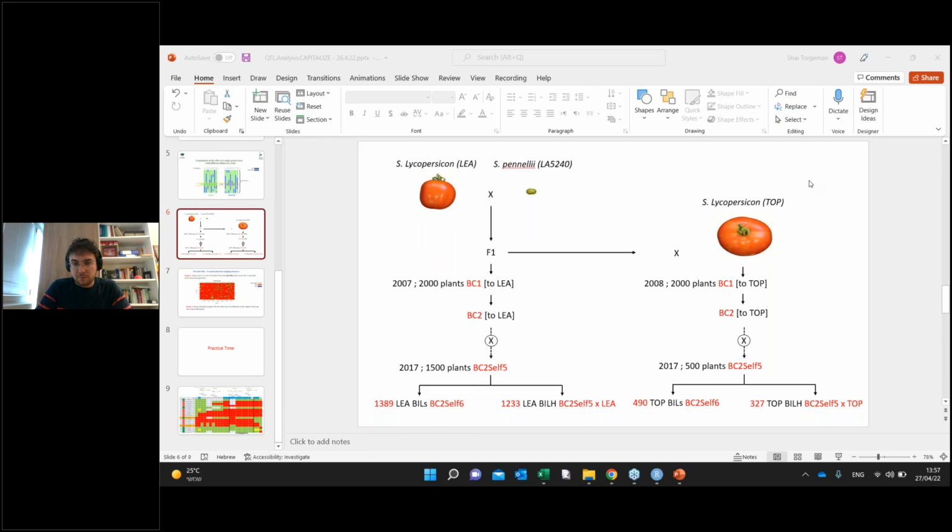But I see as the most powerful tool maybe using genome editing to manipulate our genes of interest and maybe produce materials that can afterwards be used in producing pre-breeding populations. This is what I think are the most promising approaches. Thanks.